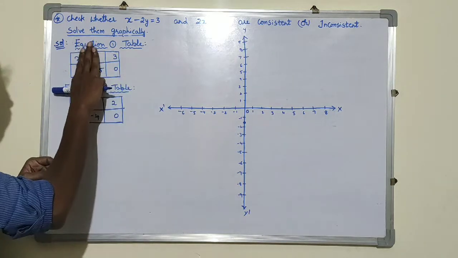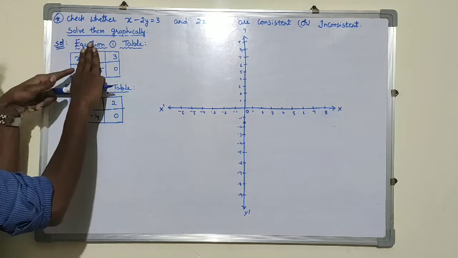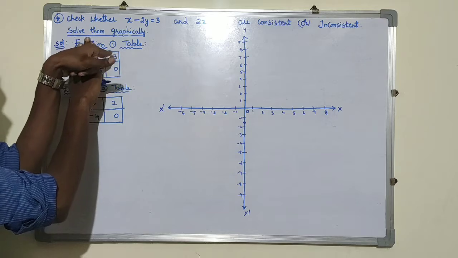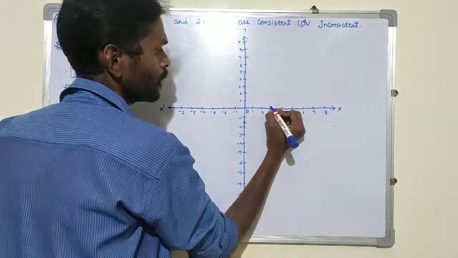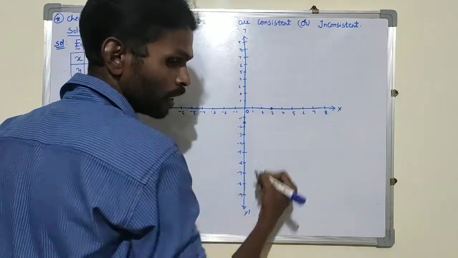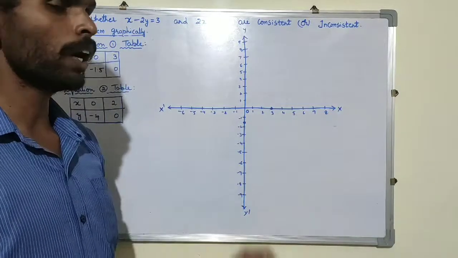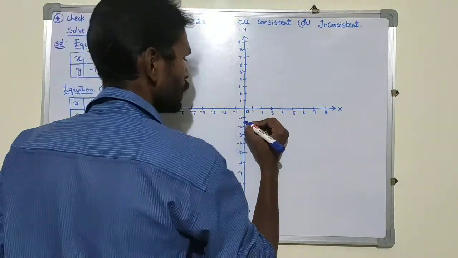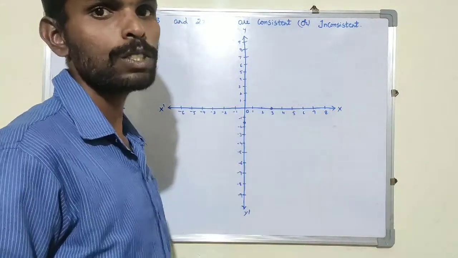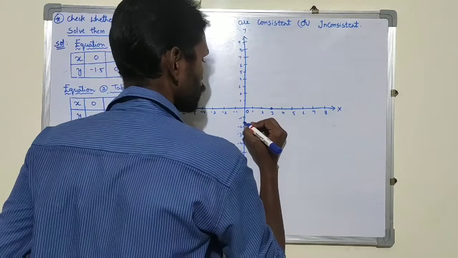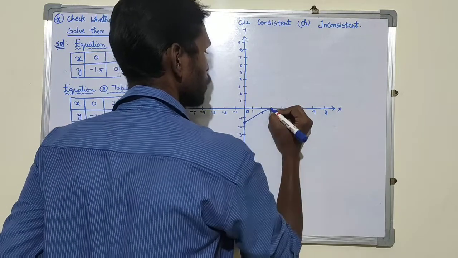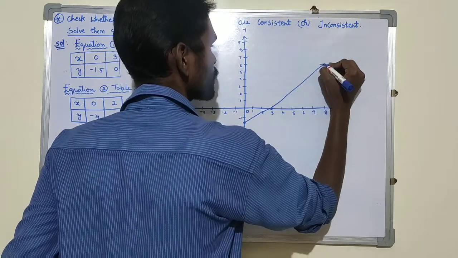Here y equal to 0. Whenever y equal to 0, the point lies on the x axis. So on the x axis, where is 3? Here. Now after getting these 2 points, immediately join these 2 points with a scale. By using a ruler, join these 2 points. You need to use a ruler compulsorily.